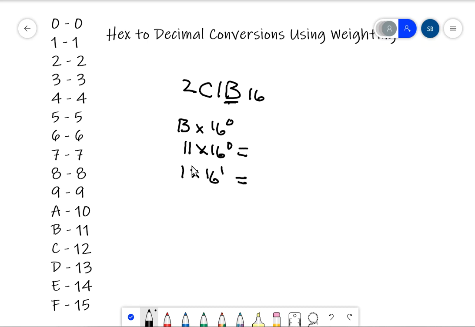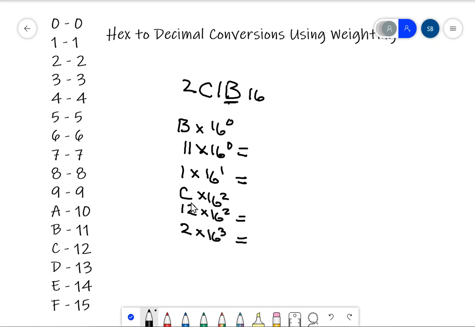The next one is going to be C times 16 to the 2, because that's the weight. Multiplying anything by C is not going to work too well unless I have the right calculator. And then the most significant digit is 2 times 16 to the 3.